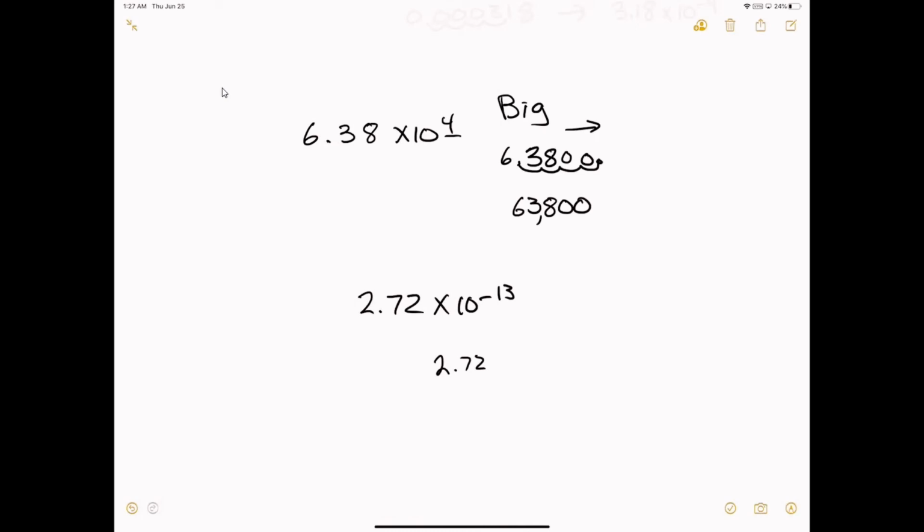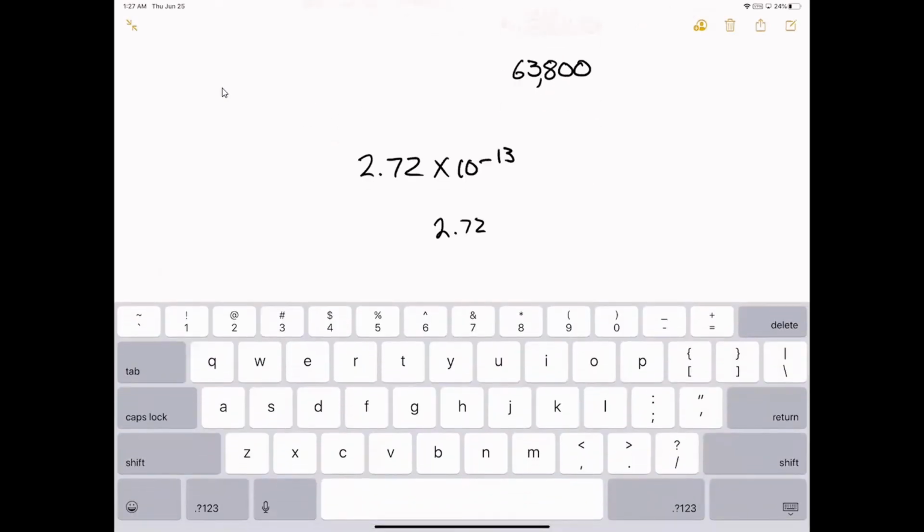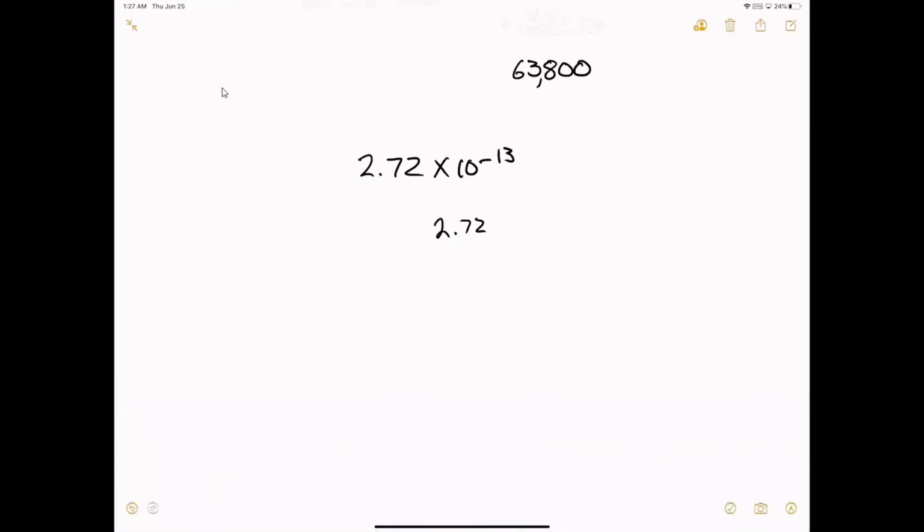Minus means small number, less than 1. So I'm going to want to move it to the left. So let's take a look. I'm going to move 1, 2, 3, 4, 5, 6, 7, 8, 9, 10, 11, 12, 13. So I'm going to have 0.0000000000272. It would be an extremely small number because I've moved it over 13 to the left.